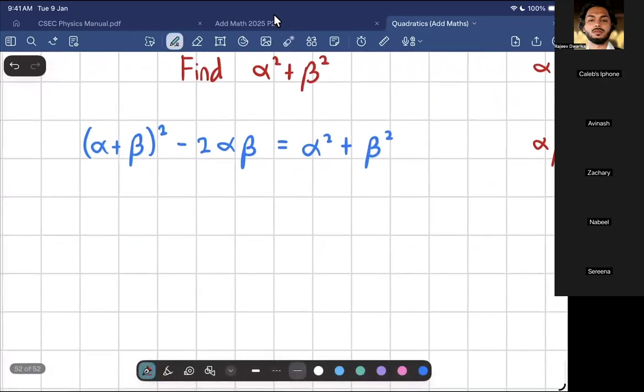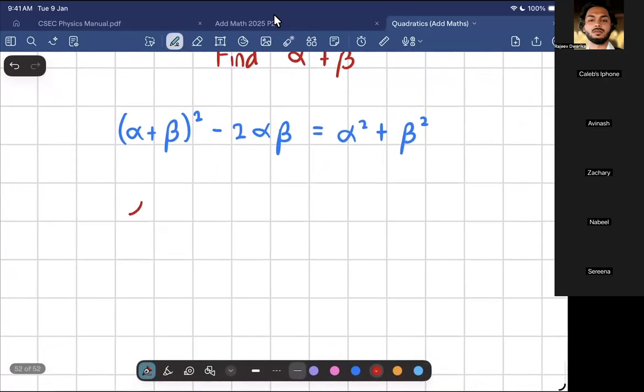So, long story short, anytime you see alpha squared plus beta squared, what are you going to replace that with? What is alpha squared plus beta squared also equal to? Alpha plus beta squared minus 2 alpha beta. Yep, that is it.